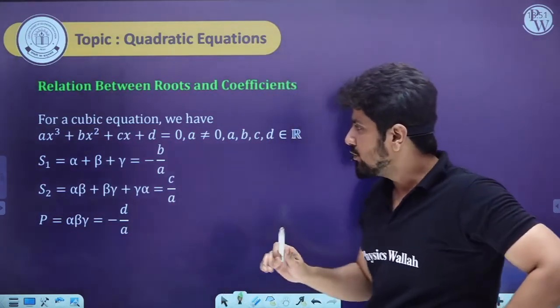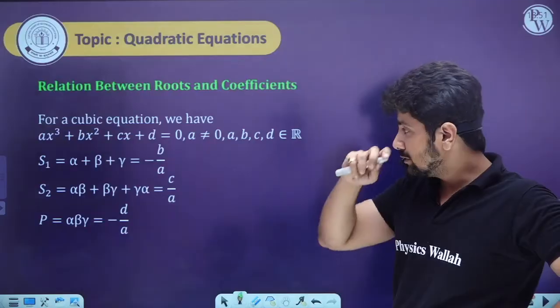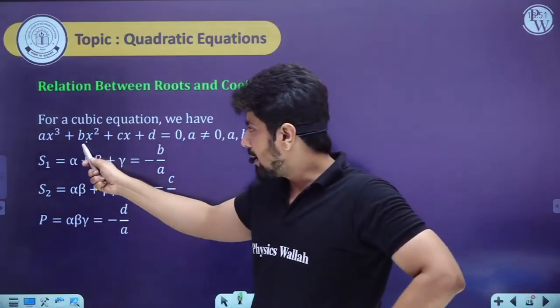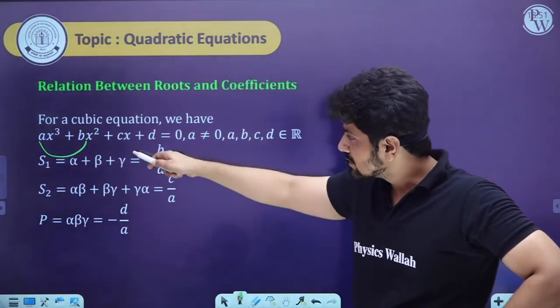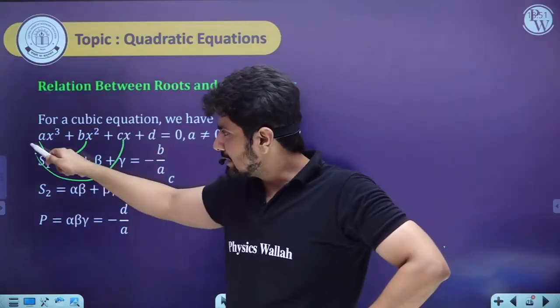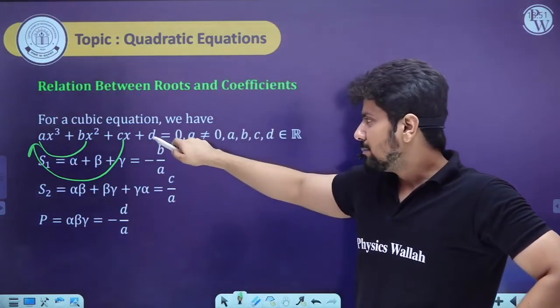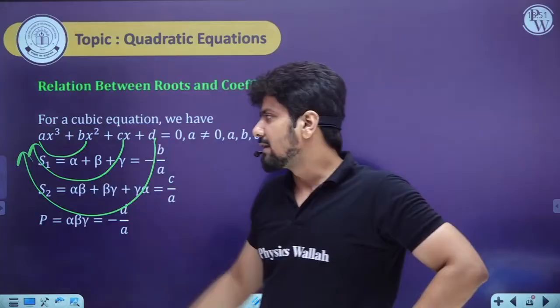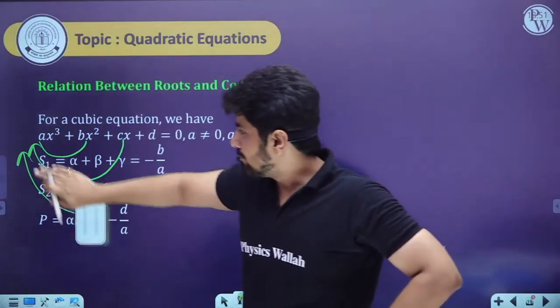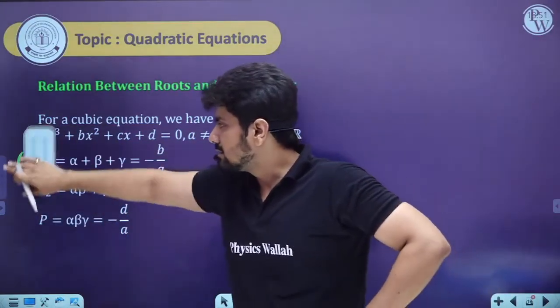So this is the pattern you need to remember, or you just need to remember the first thing. Minus b by a will be sum of the roots. Sum of the roots taken two at a time is plus c by a, product of the roots is minus d by a. So there is a pattern of minus plus minus.